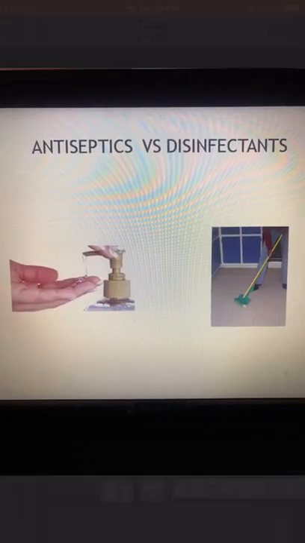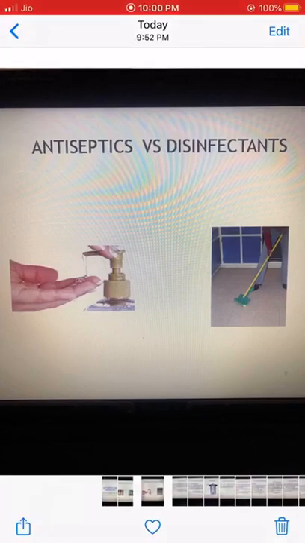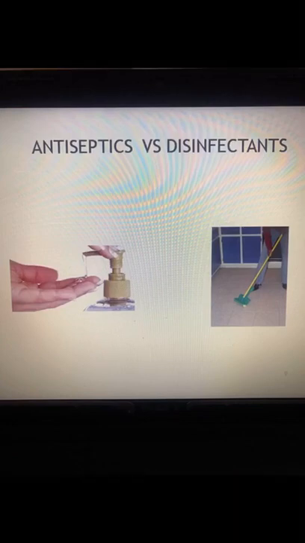But even if we use antiseptics and disinfectants, the most important and universal application is the use of soap and water, which is the best antiseptic and detergent available, easily available, cheap, and the most useful means of antisepsis.